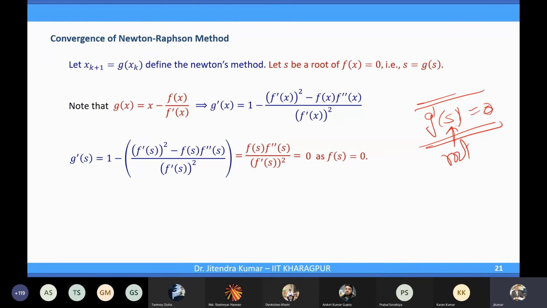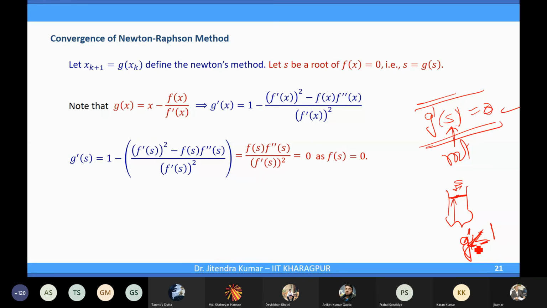So you will always find an interval around s such that if you take an initial guess within this interval, g prime will be strictly less than 1. Is that clear?